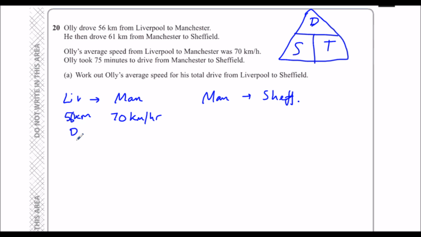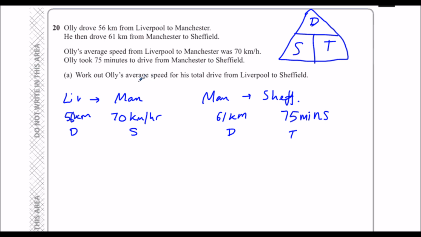So this is distance. This is speed. We don't know the time for this part of the journey. From Manchester to Sheffield, 61 kilometers. That's distance. 75 minutes. Not hours, minutes, which is time, and so we don't know the speed for this part.